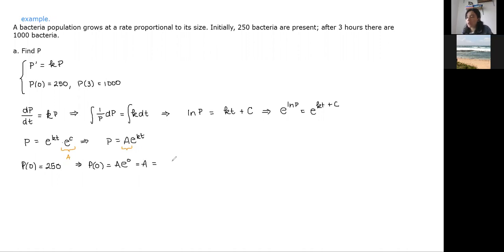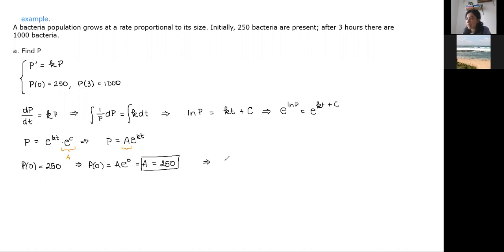And that's going to be equal to 250, because that's the value that's given. So what this tells me is the constant a is equal to 250, which means that I now know that my population is given by 250 times e to the power of kt.